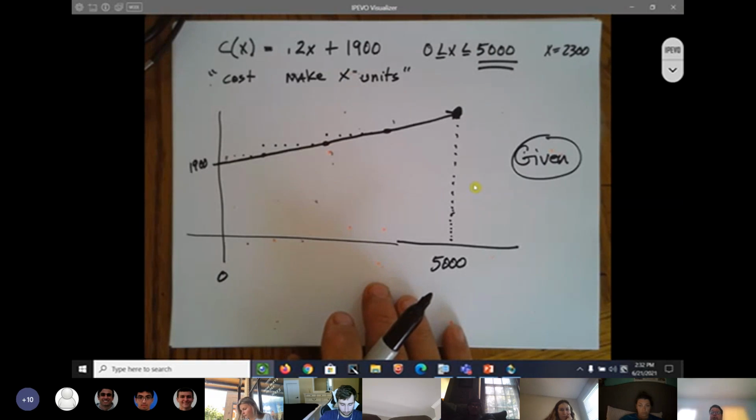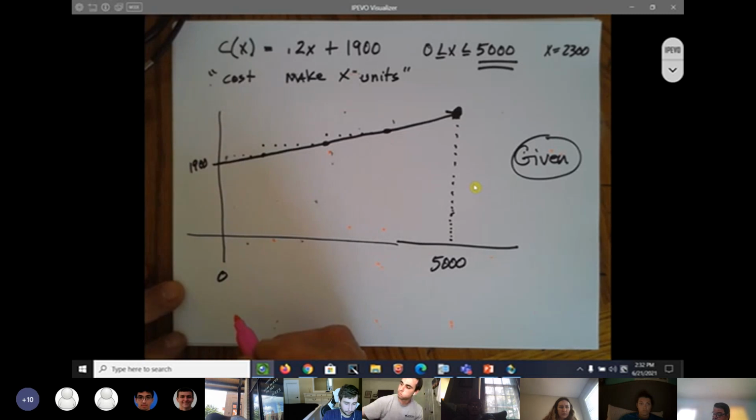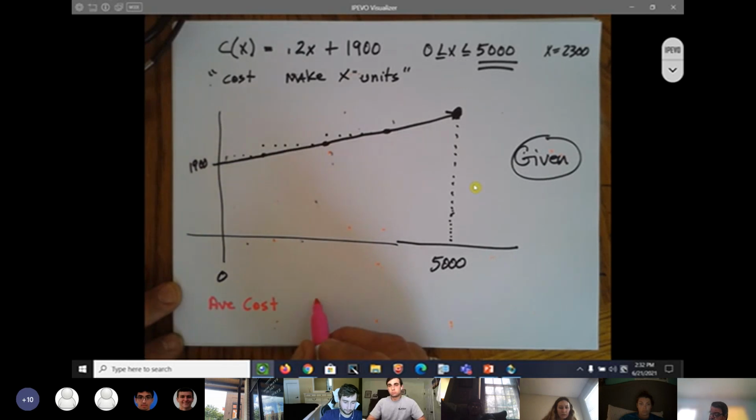All right, now I want you to write down the following two things, and we're going to write them in fluorescent green and fluorescent orange because I'm out of red, and I've got some kind of a magenta marker here I can use. Average cost is your function divided by x. Write that down.